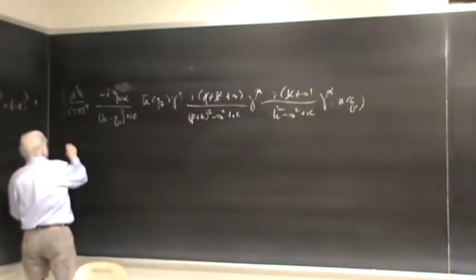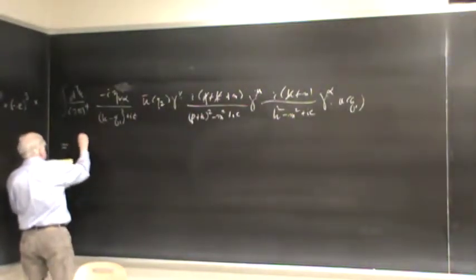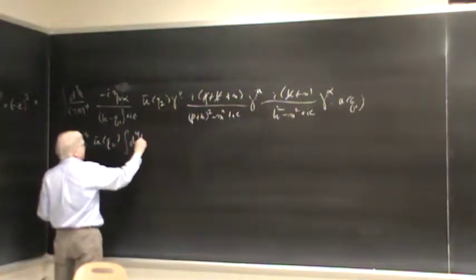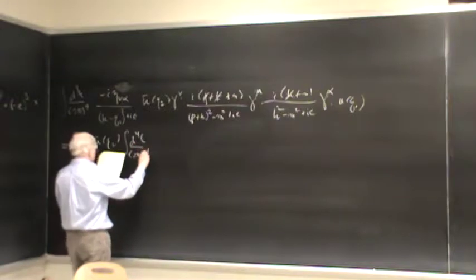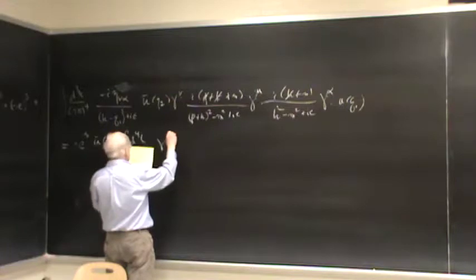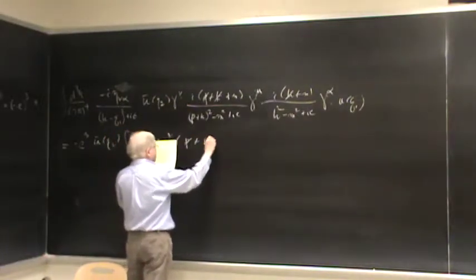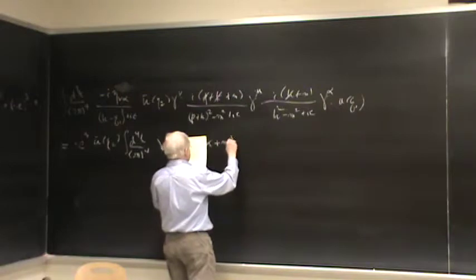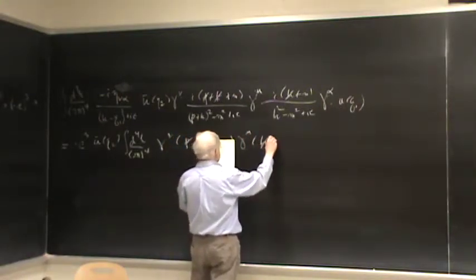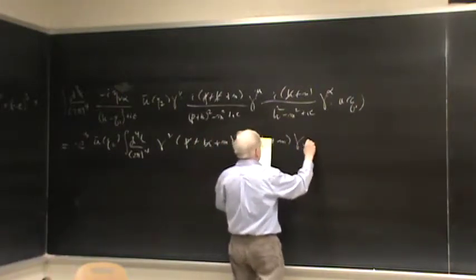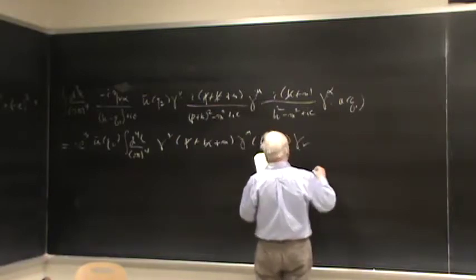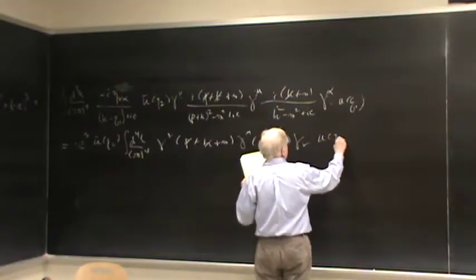And so what we've got then is minus e cubed, u bar q2, integral d4k over (2 pi) to the 4th, gamma nu (p slash plus k slash plus m) gamma mu (k slash plus m) gamma nu, and u of q1.